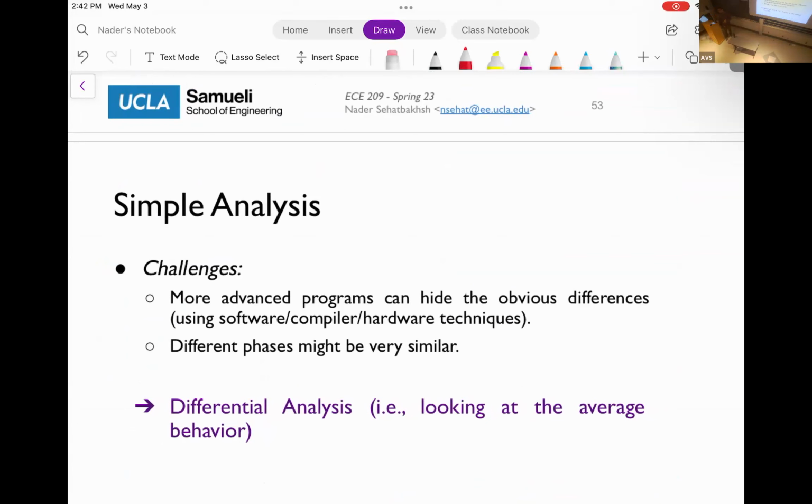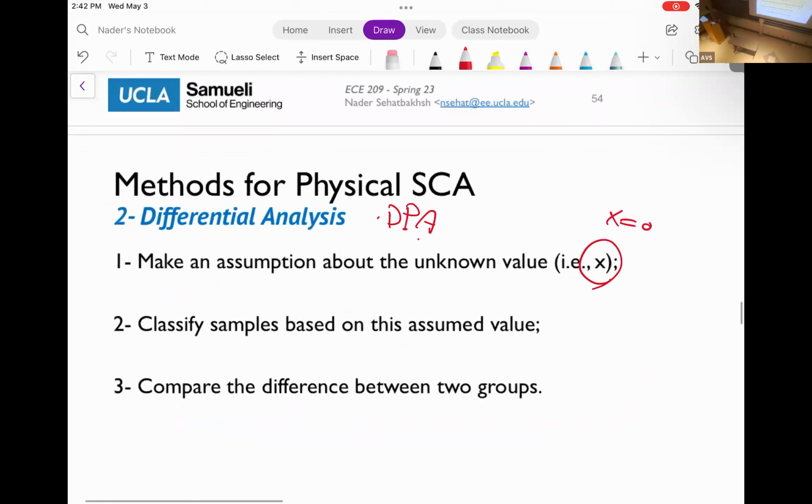Most cryptographic algorithms are designed such that they are robust against at least simple analysis. So these days, if you run AES, you cannot really tell the difference between 0 and 1, and there are things like masking that protect it against simple analysis.